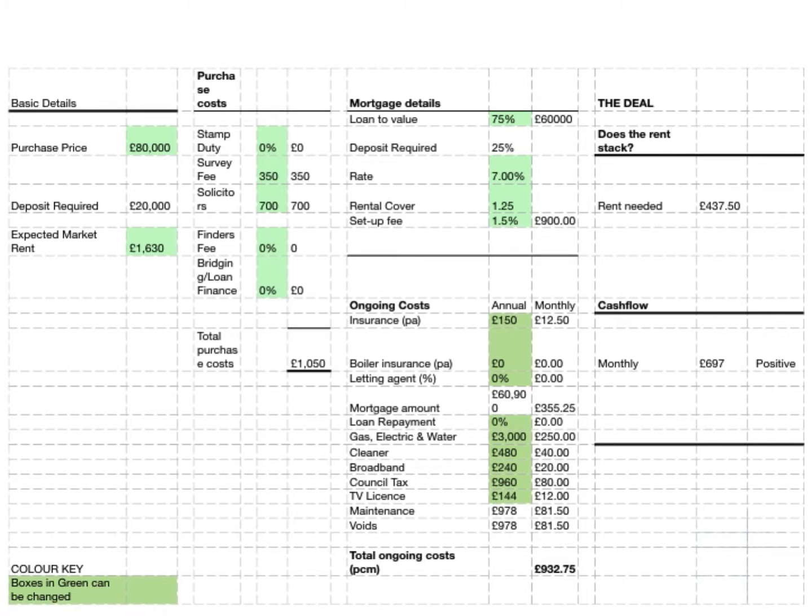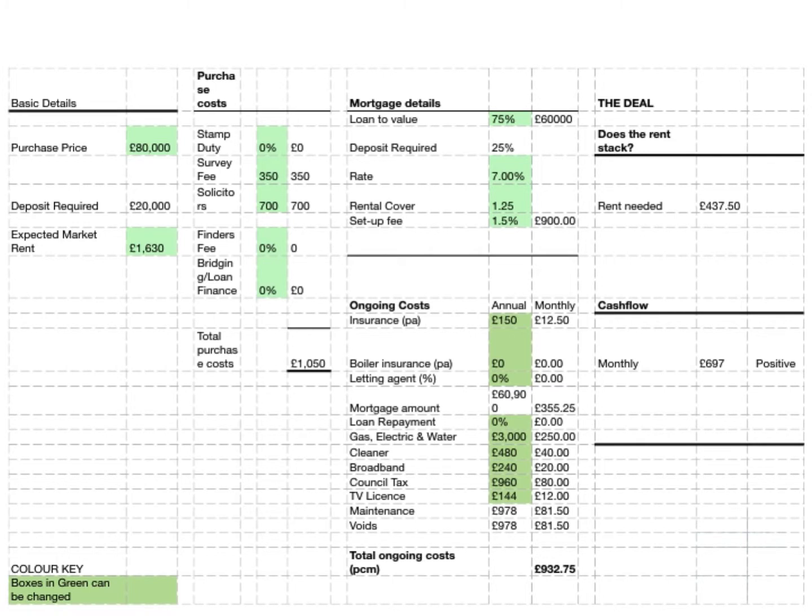But if that was a single let property, you can see that the rent needed, if you do that calculation at 125%, is £437.50. So if you were buying that property and you were thinking about just letting it to a family, if it was only going to rent at £425 a month, then the bank would be looking for you to put in more than 25% deposit.